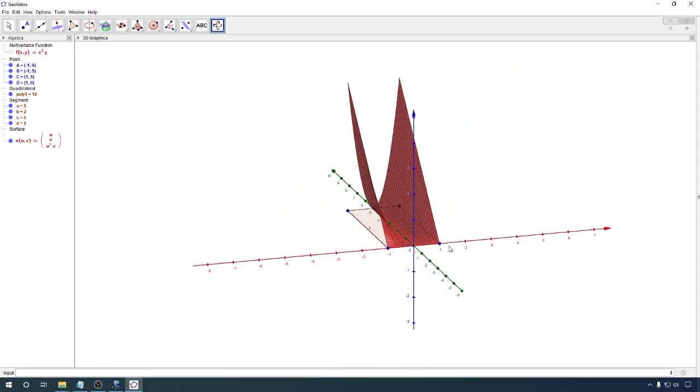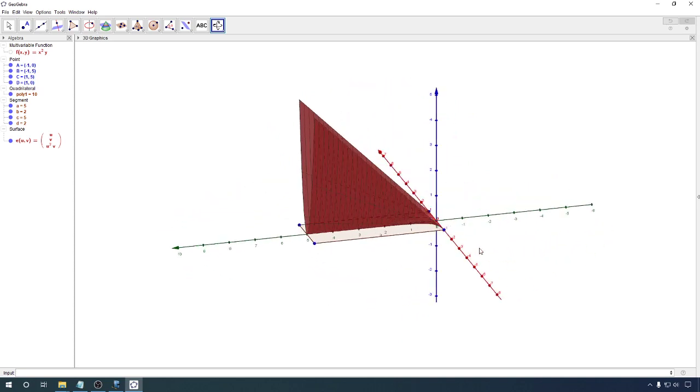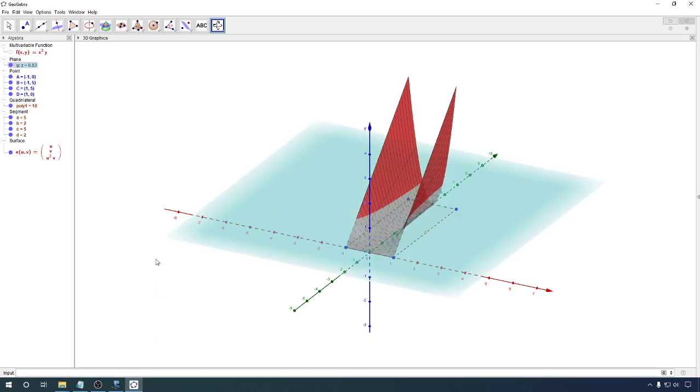So we're looking at the average value of all the heights. We've got a whole bunch of heights here, and we're looking at what is the average height of this section of our surface. Now, from what we just did, we calculated that average height to be 5/6. So let's look at what the height of 5/6 would actually be.